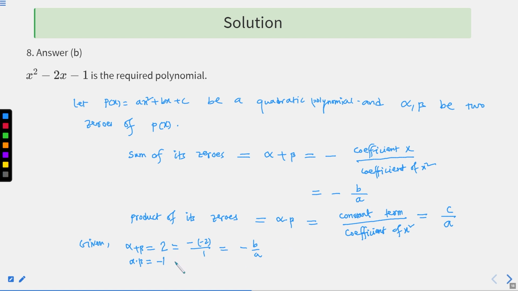And alpha times beta is equal to minus 1 by 1, which corresponds to c upon a.